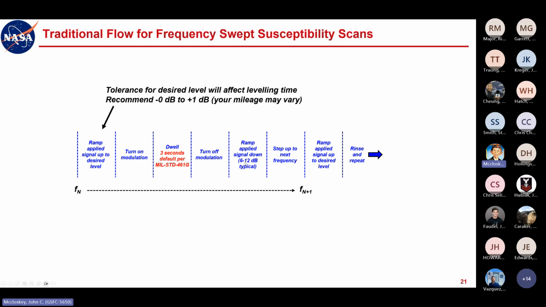If you don't bring the level down at all and then just step up to the next frequency, if you're starting to hit a room resonance, then the applied level can shoot up very quickly, and you want to do that in a controlled manner, right? So that's why we bring the level down, step up to the next frequency, then bring the level back up.